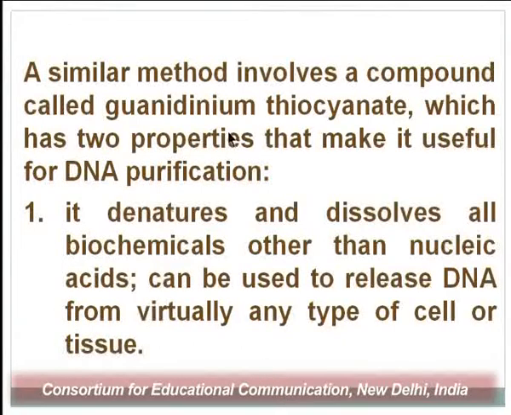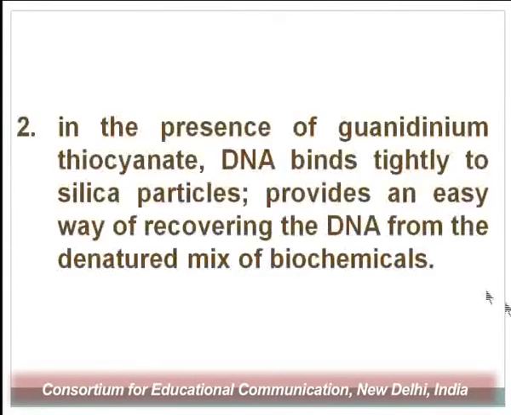So not only does it separate because of the binding affinity to the resin, using silica particles, it also denatures and dissolves all other biomolecules, so the DNA can be easily isolated. Another property is that in the presence of guanidinium thiocyanate, the DNA binds very tightly to the silica particles, which provides an easy way of recovering the DNA from the denatured mix of biochemicals.